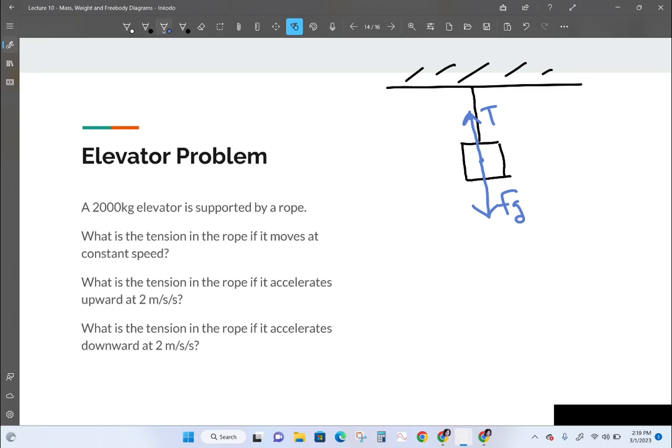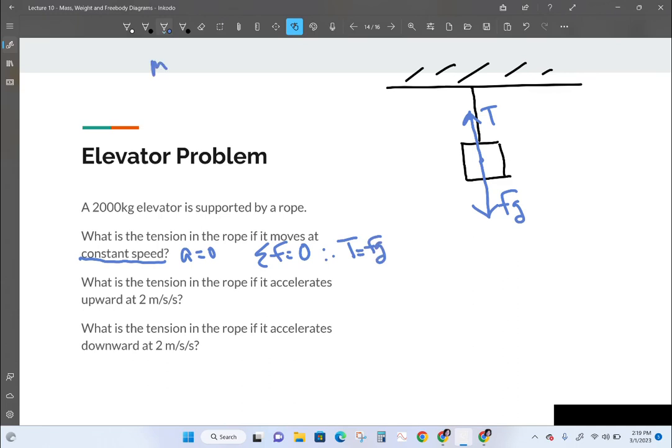If it's at constant speed, the acceleration is 0, and the sum of all forces has to add up to 0. That means that the tension has to be equal to the weight. Well, let's talk about that.